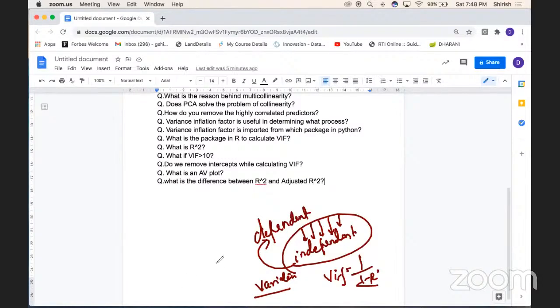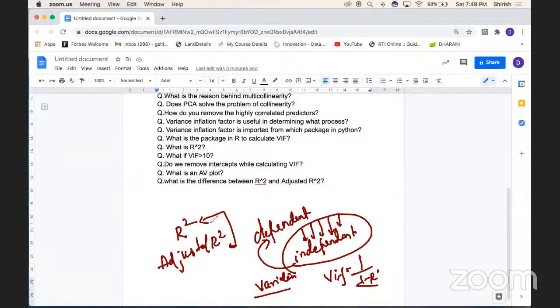When you get the model, you'll get both of these, and you have to cross check. The difference between your R square and your adjusted R square should not be maximum.